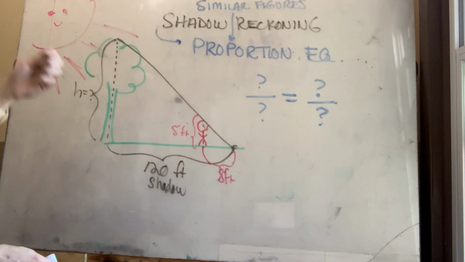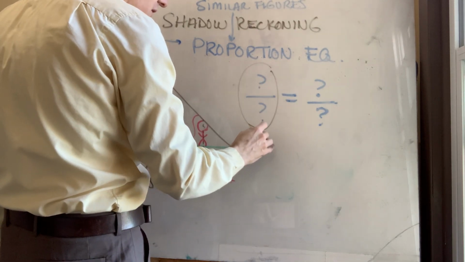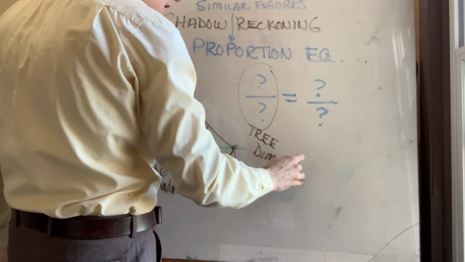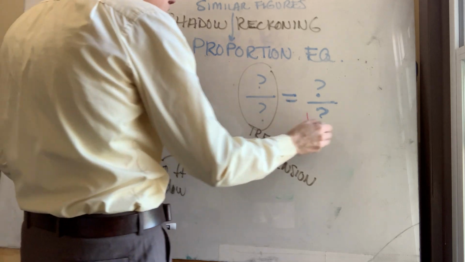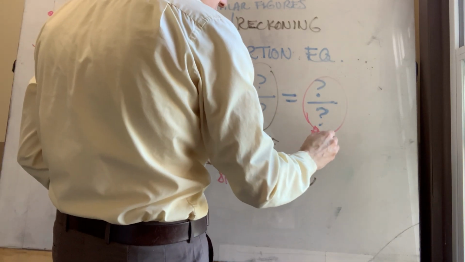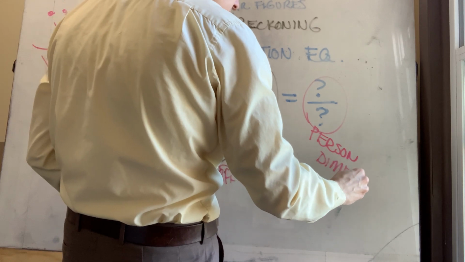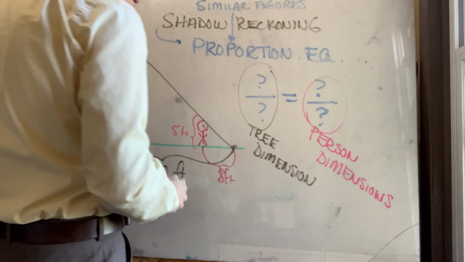My logic is this: reserve one fraction for the tree dimension, and then reserve the other fraction for the person's dimensions. Okay?